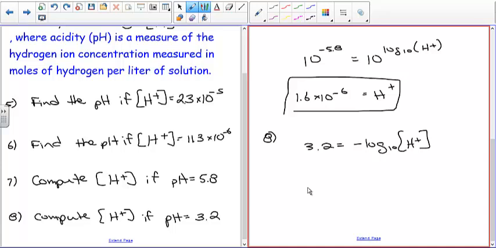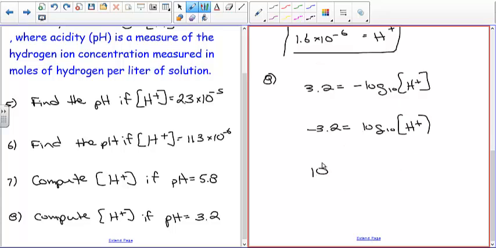So we multiply both sides by negative 1. Then we raise 10 to the 2 powers here, to the 2 exponents that we have. And on the right-hand side, we get the hydrogen ion concentration, the unknown.